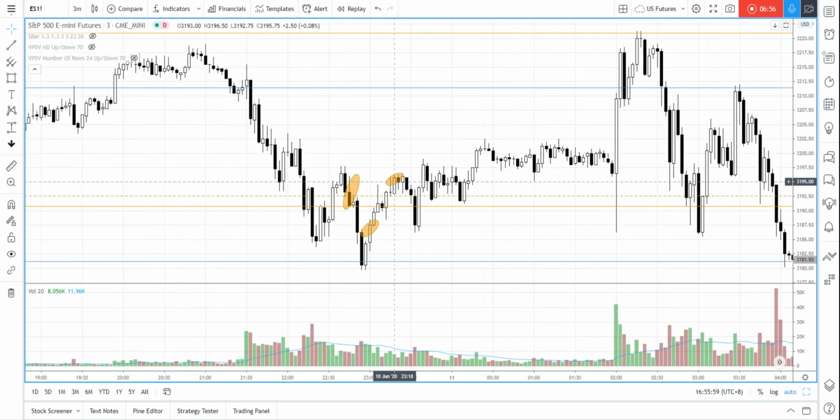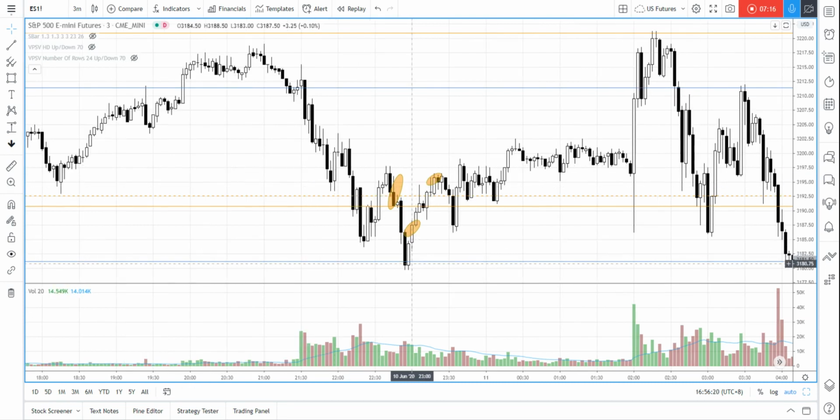It just didn't have any kind of commitment above this bar here. This is one of the bars that I would like to see it actually commit above. So it just didn't happen. So just wait for the next level, which is the 3180 level.